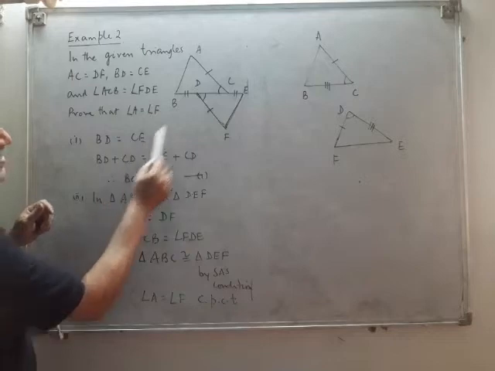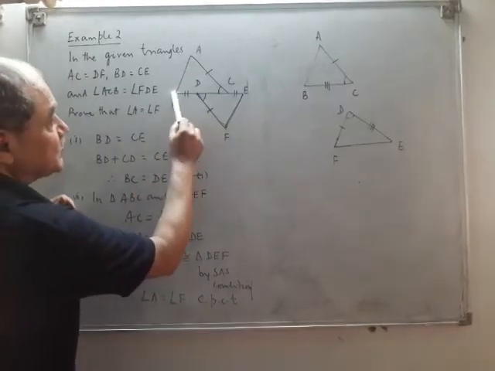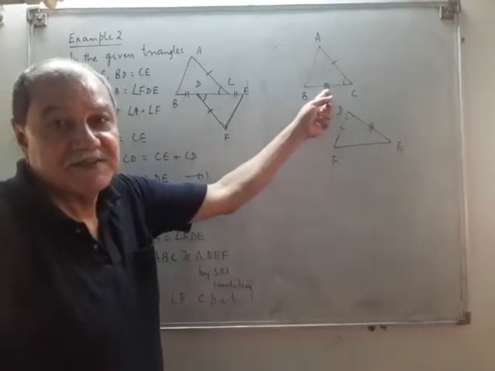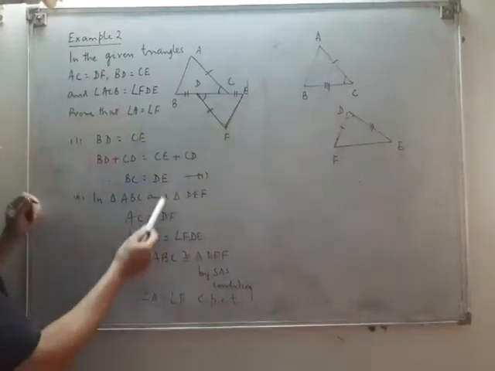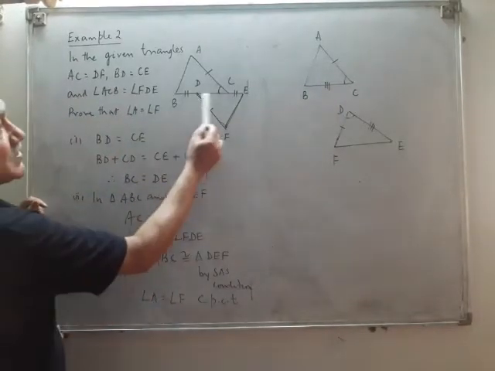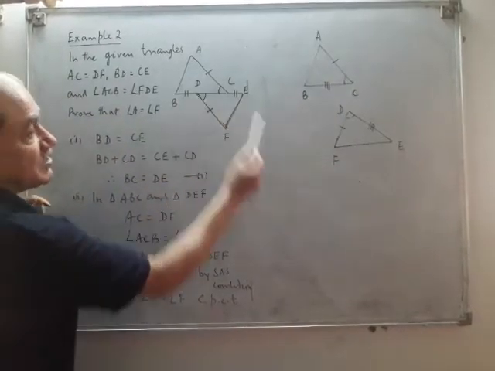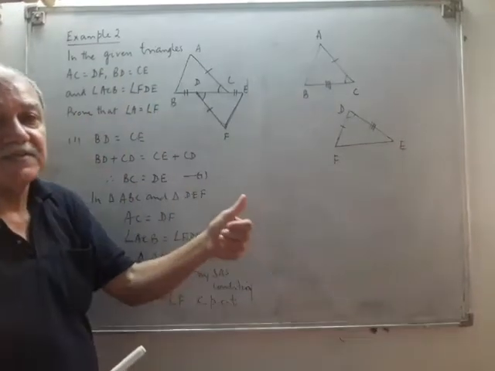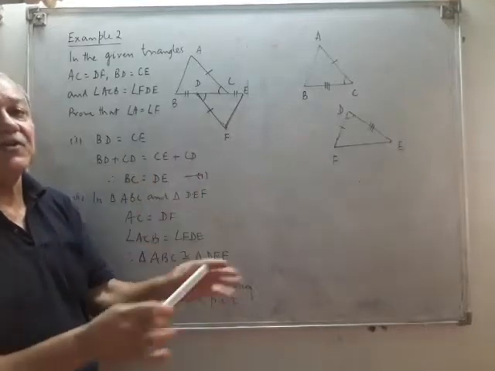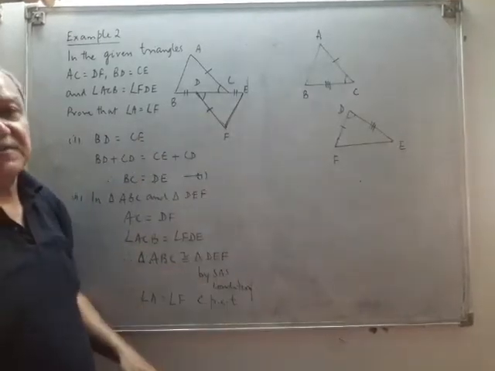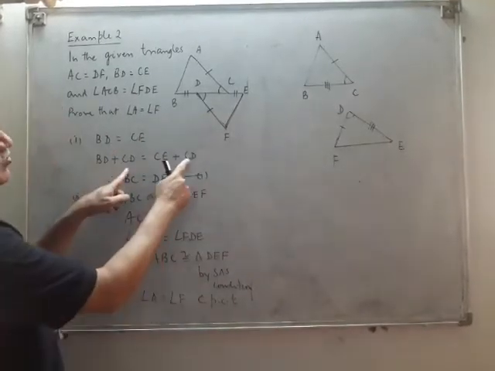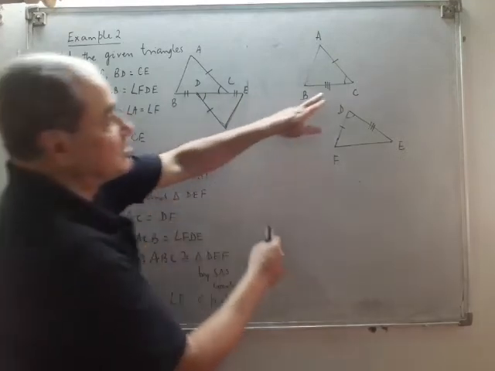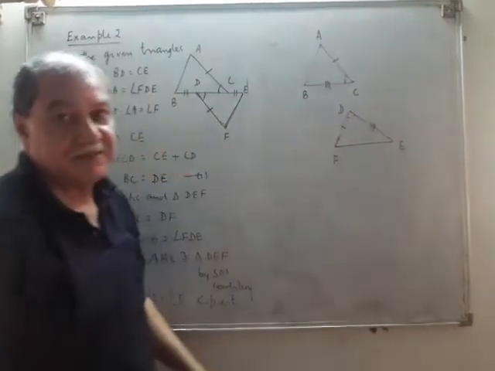Now BD plus CD is BC, one side. And CE plus CD is DE, that's this side. Wow. So we have got another side. It was not given. We have brought it in. By adding CD to both sides, BC becomes equal to DE.